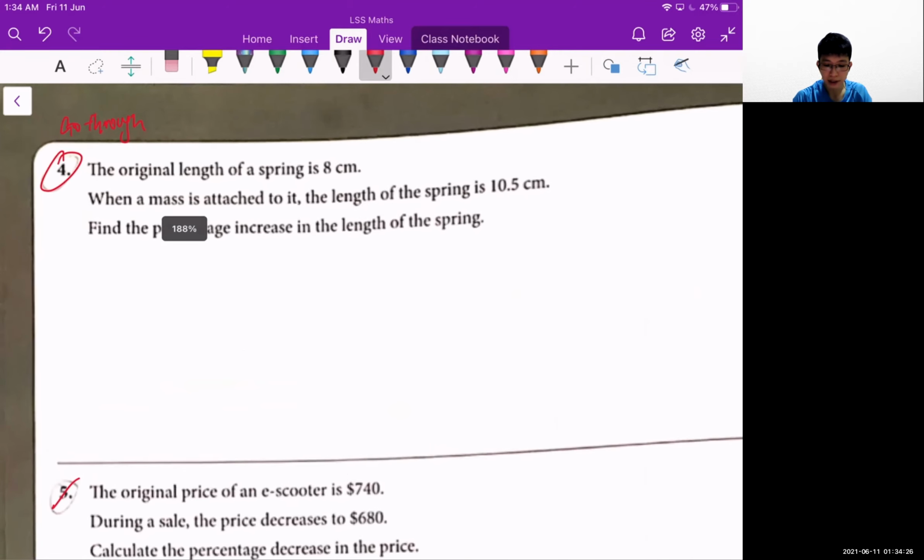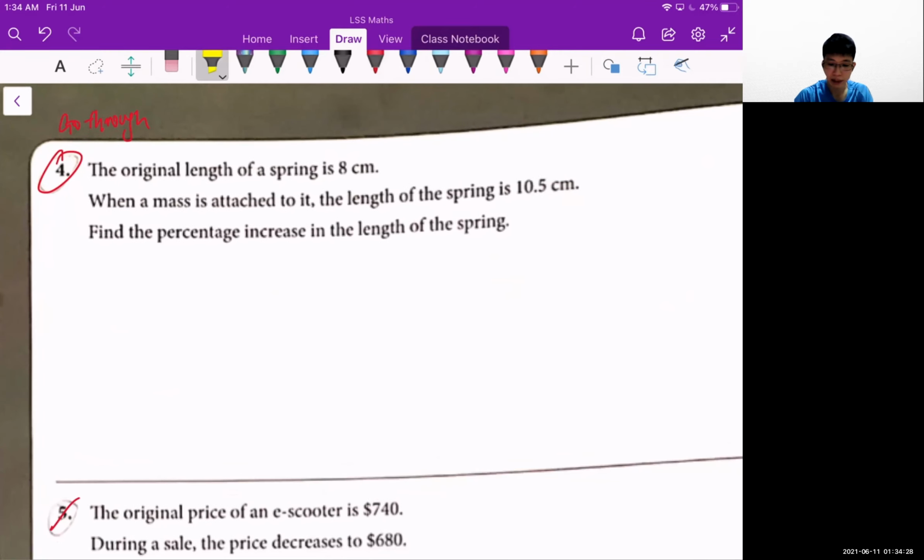So in this question here, highlight the keywords. They tell you that the original length of a spring is 8 cm. So this is the original length. So original value, right, they will always be equivalent to 100%. And now, they tell you that when the mass is attached to it, the spring is being pulled now. And we will expect that the length of the spring will be lengthened.